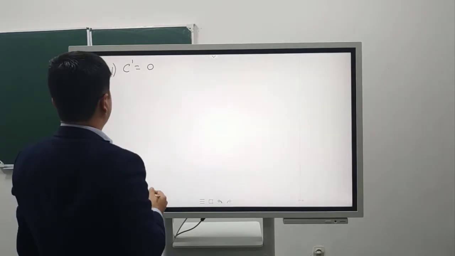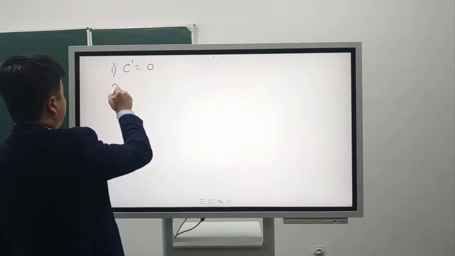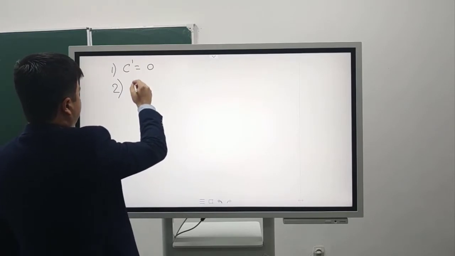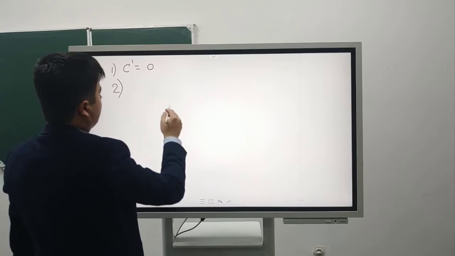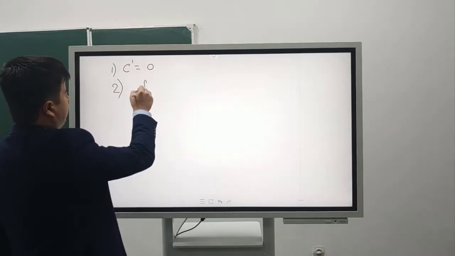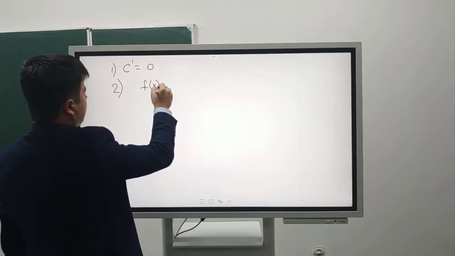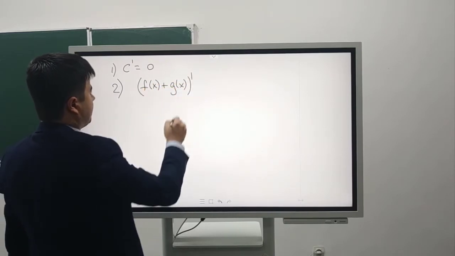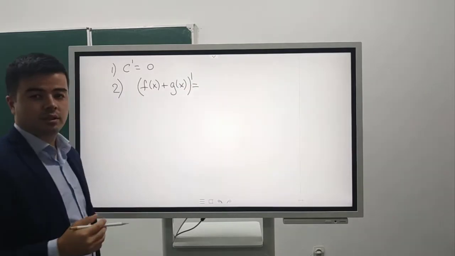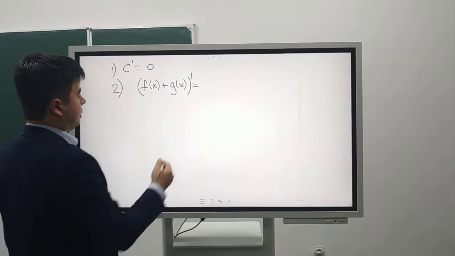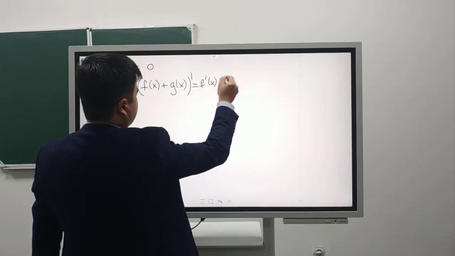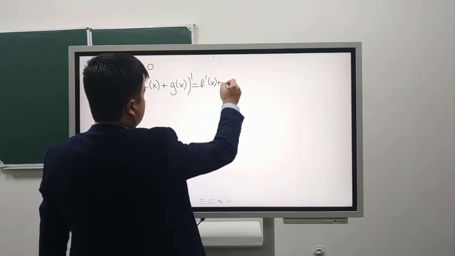And the second one, if we consider sum, f of x plus g of x, derivative of this sum is the sum of derivatives. So it is f prime plus g prime.